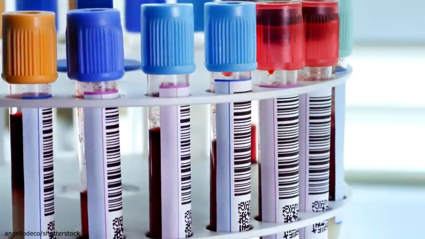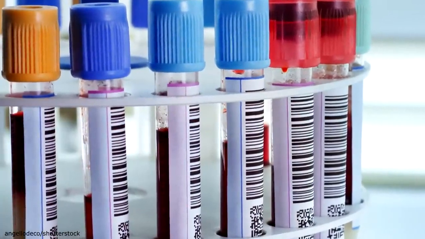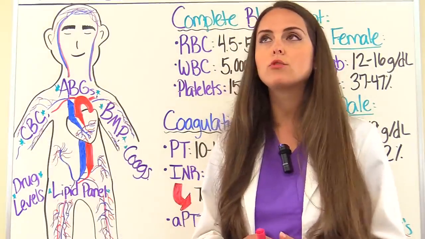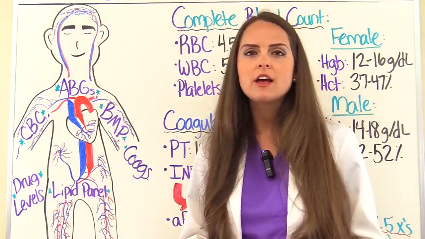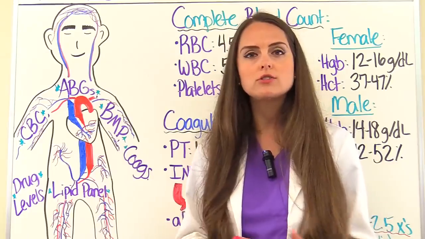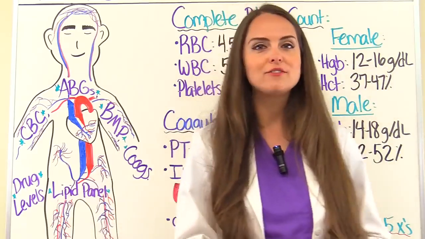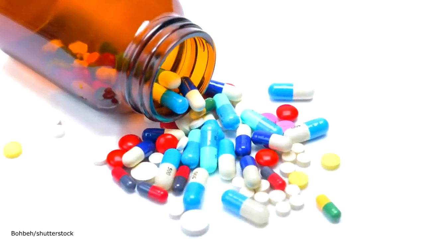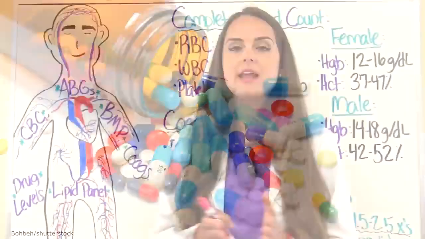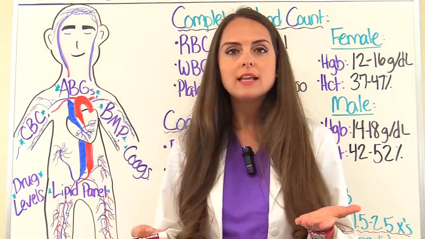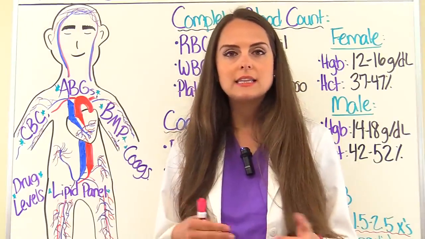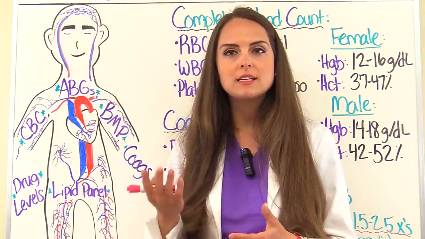This is assessing the patient's cardiovascular risk for disease, and we're looking at the LDL, the HDL, the total cholesterol, and triglycerides. And the last thing are those drug levels, because many of our patients are on drugs that have this narrow therapeutic level, like digoxin, Dilantin, lithium. And we want to know, is it safe to give this drug?